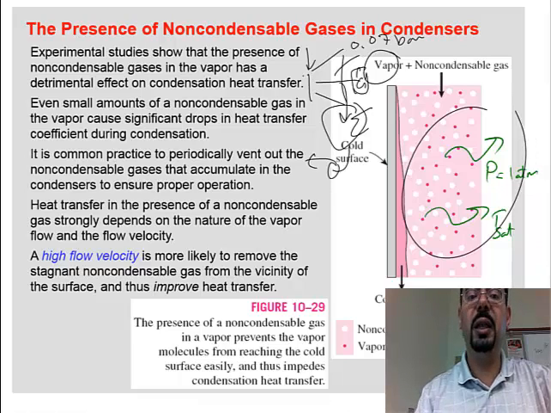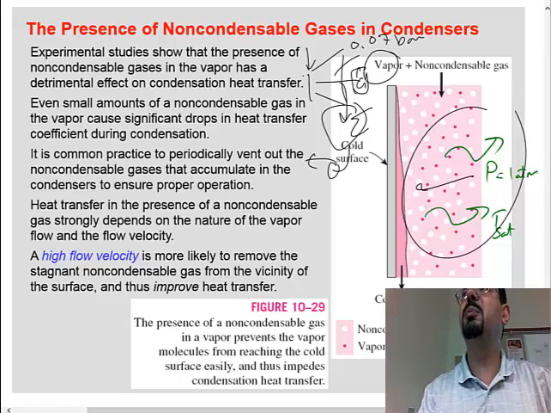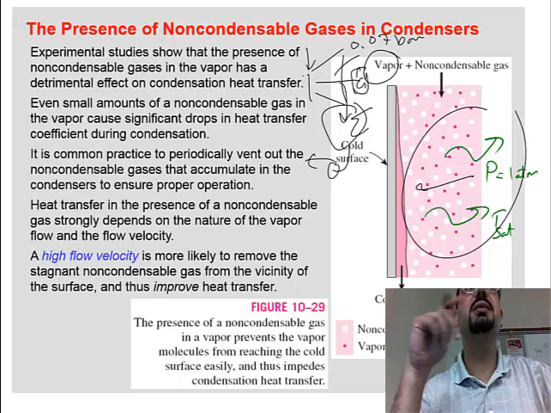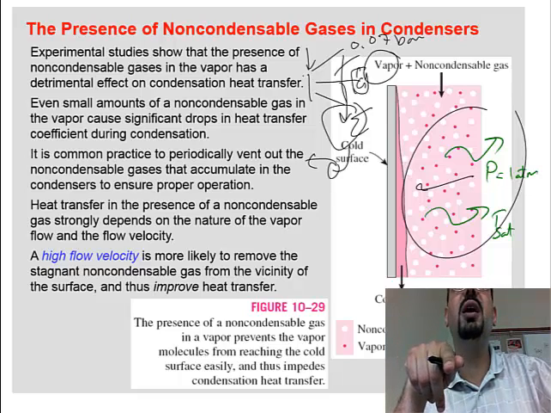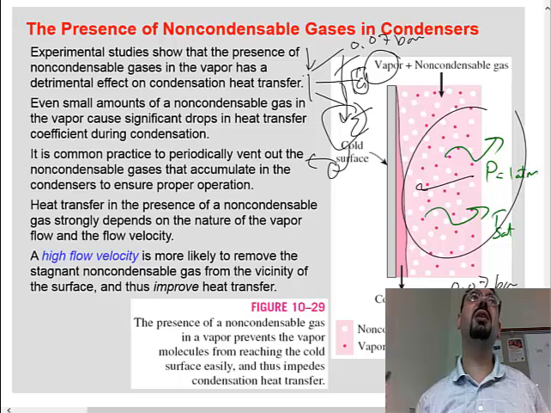Because here he says all those air particles prevent the vapor from going to the wall. But there is another effect too that's really bad, and that is the vapor sitting in that condenser. Let's assume that we are supposed to have 0.07 bar. That's the whole pressure inside the condenser.